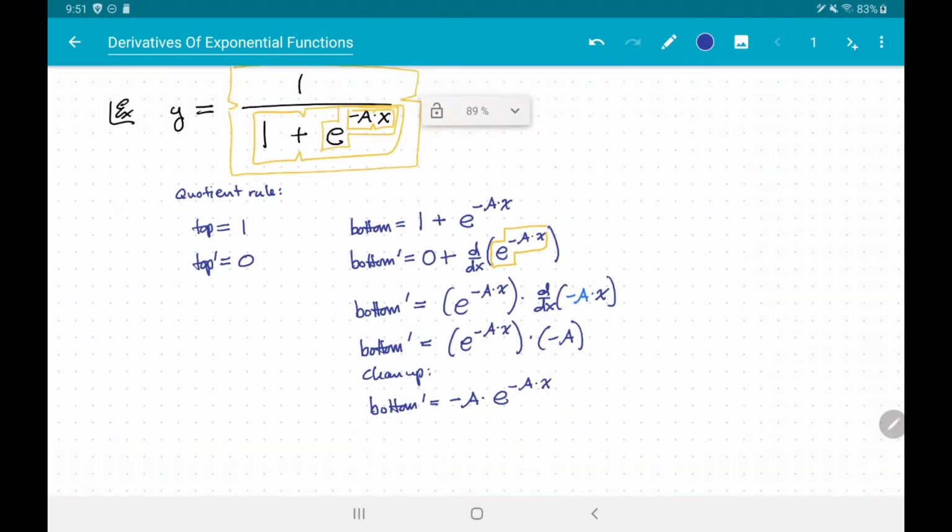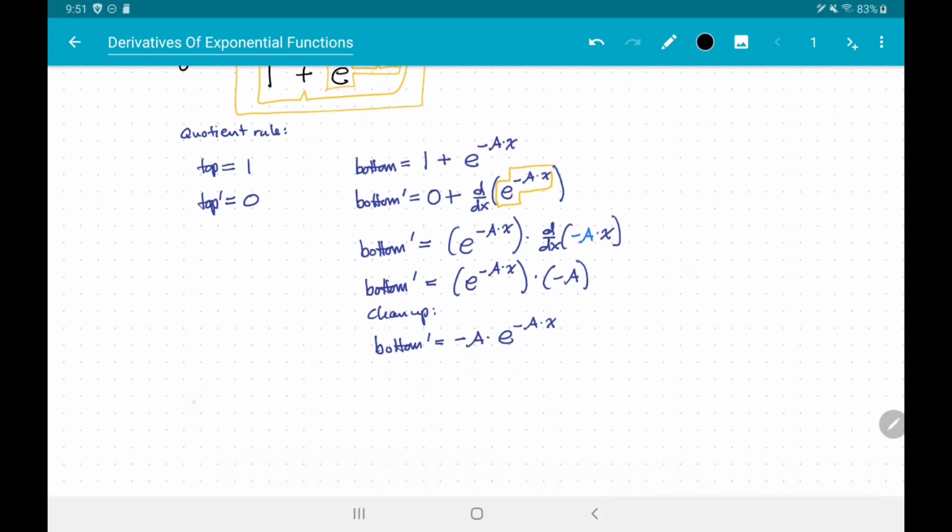Okay. Now, where were we going with all this? We are in the process of doing the quotient rule. So here we go. Quotient rule. dy over dx equals, I need the derivative of the top times a copy of the bottom. Well, the derivative of the top is 0, and it really is 0 because it was the derivative of a constant and nothing else. So I really don't need to even write times bottom because it's just going to get zeroed out when we start cleaning stuff up.